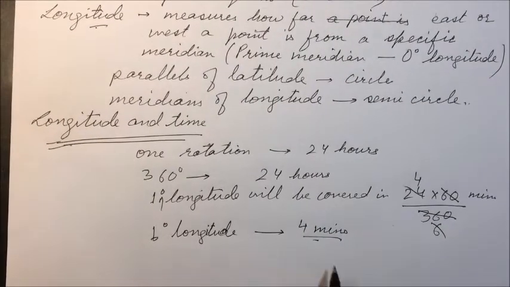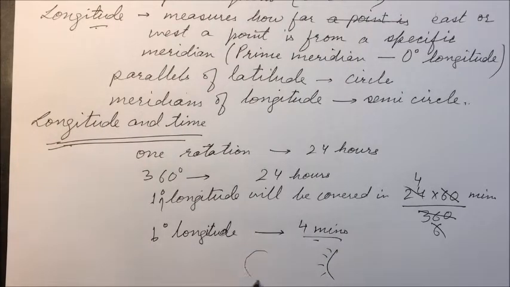For example, this is our sun and earth is rotating. Consider this as the pole. Initially here the sun is overhead. After 4 minutes the sun will be overhead here, and this will be 1 degree.